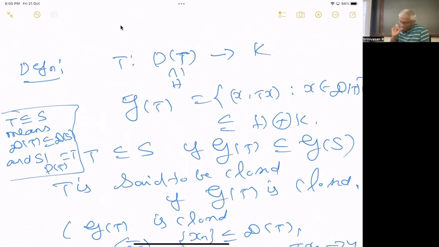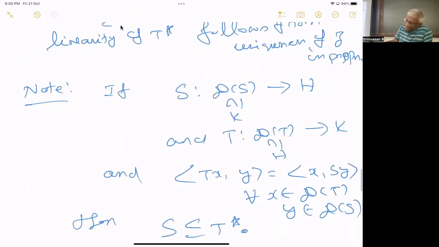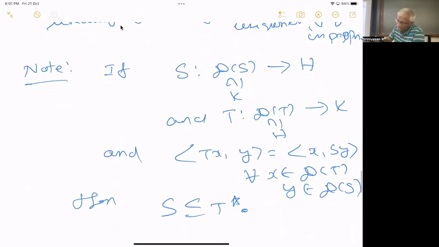S is just some operator, not necessarily densely defined. T is densely defined, so T star exists. S is some operator which satisfies this condition. Then S is contained in T star.